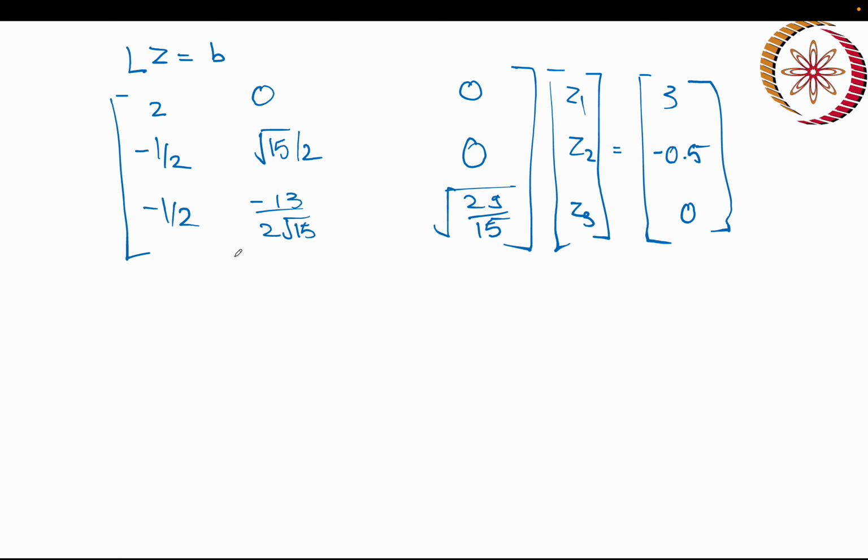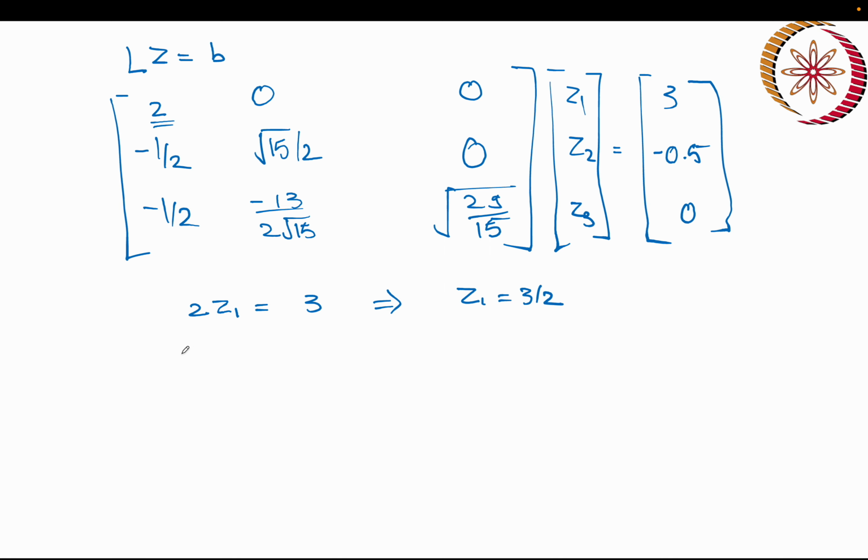Okay, so we can start with the forward substitution, or the forward method. We just pick forward substitution. It will be 2z1 is equal to 3, which gives z1 is equal to 3 by 2.